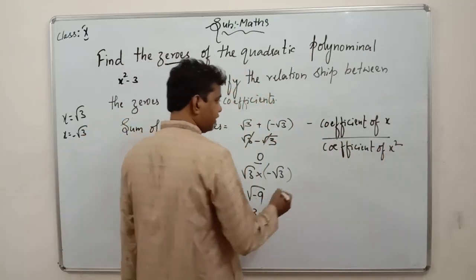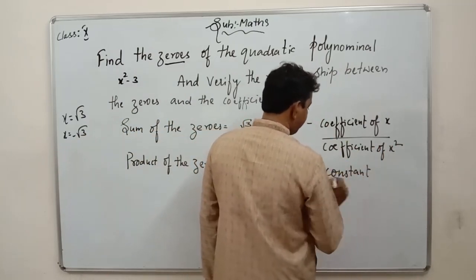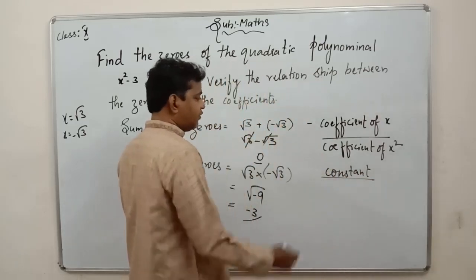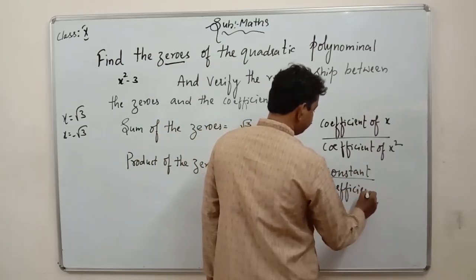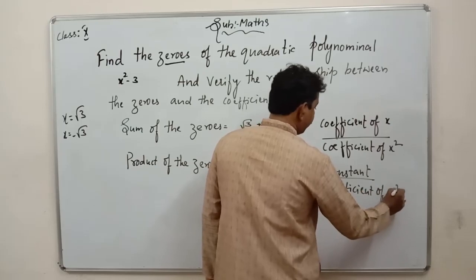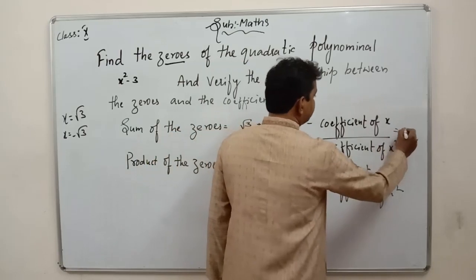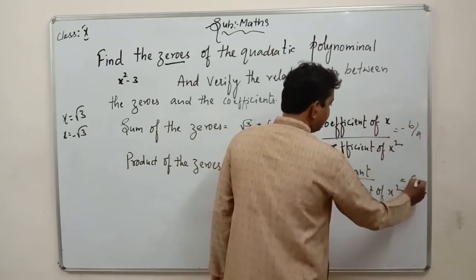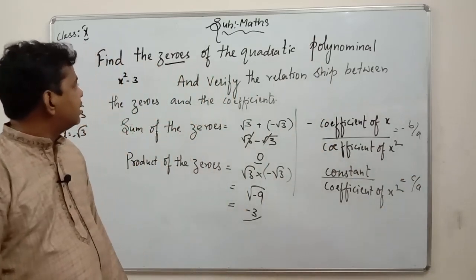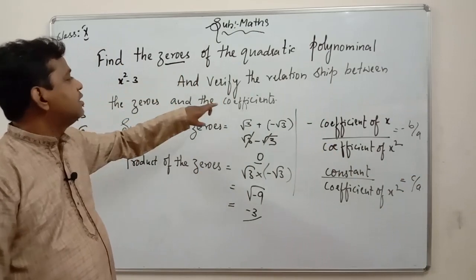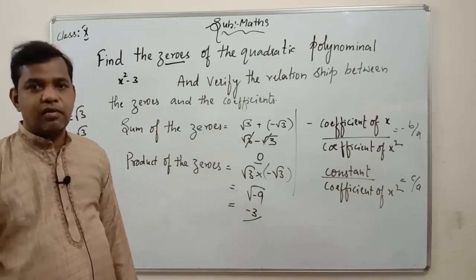Same thing here, we can go with the constant by the coefficient of x square. If you want, clearly you can write this equals minus b by a and this equals c by a. So this is how we have to find the zeros and also the relationship between the zeros and the coefficients of the given polynomial. Okay, got it? Copy now.